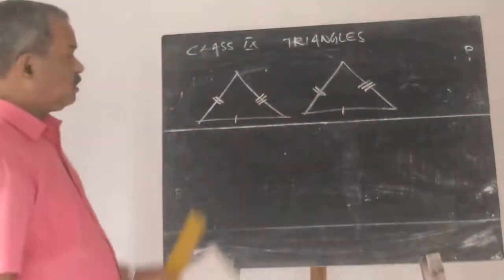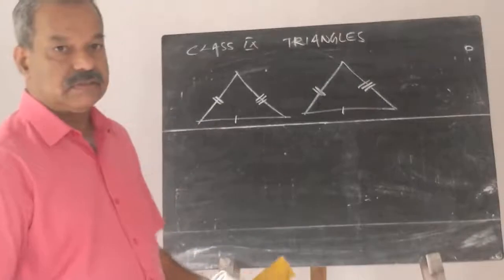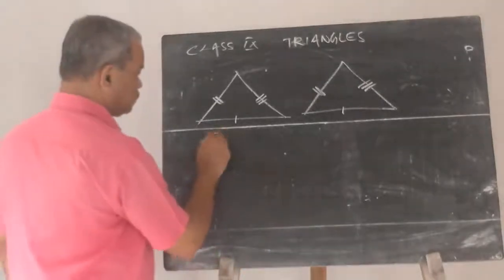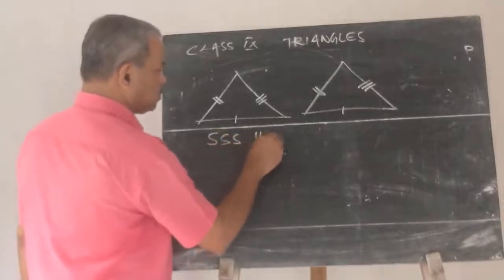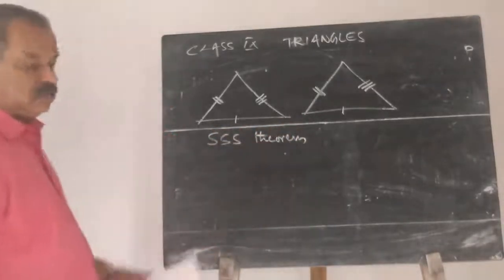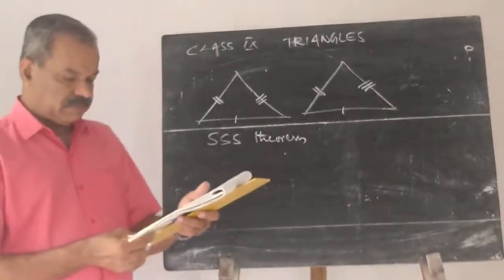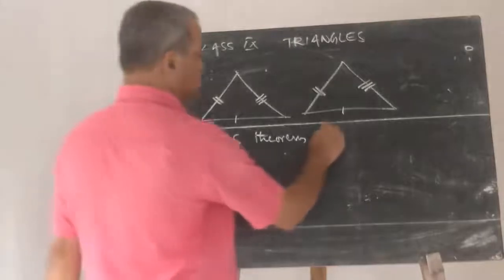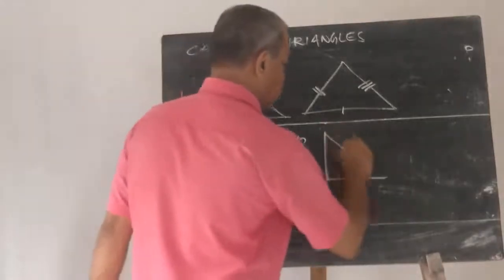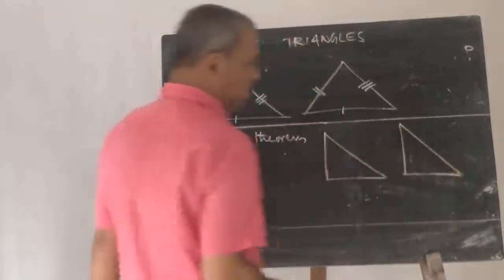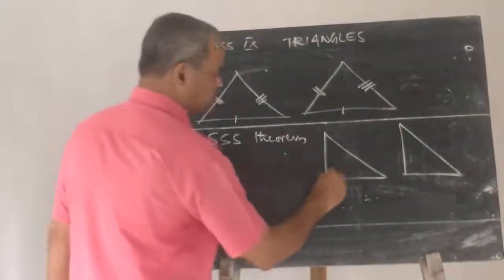We can see that these two triangles are congruent. This theorem is called the SSS theorem. Three sides of one are congruent to three sides of another. And also for two right triangles, we can establish the congruency.